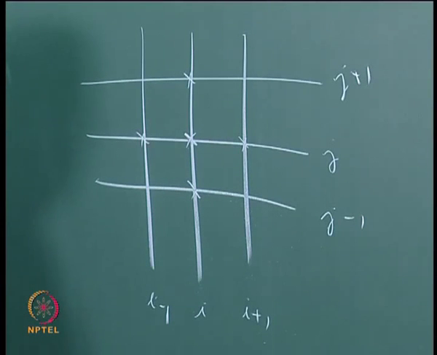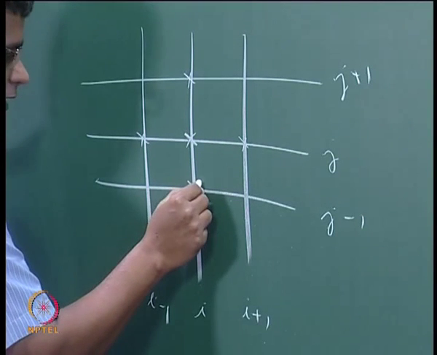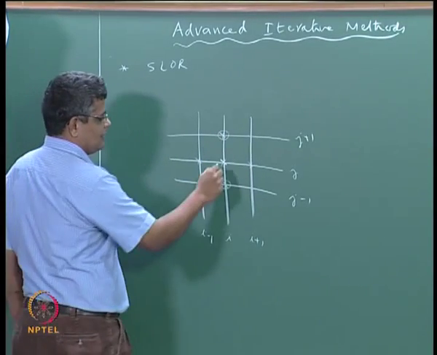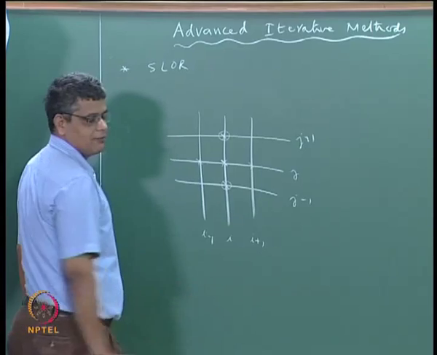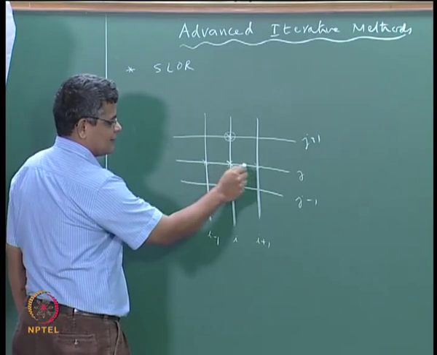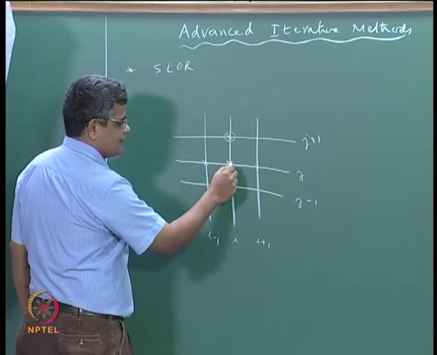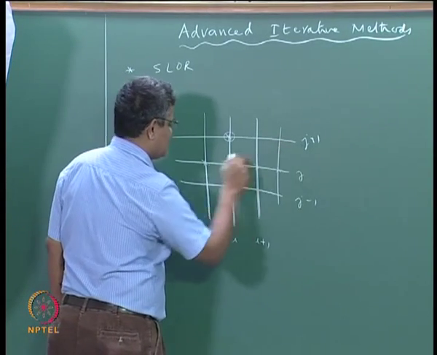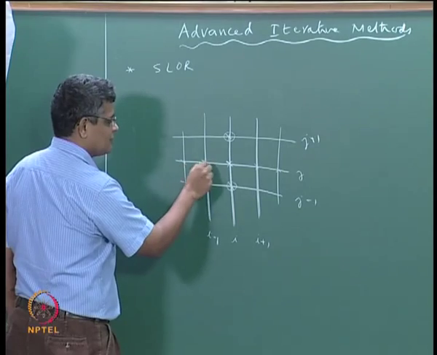But if I say I will assume this value, then this is given by the 2 neighboring points, and similarly this will be given by these 3 neighboring points, and the next one will be given by these 3 neighboring points like this.